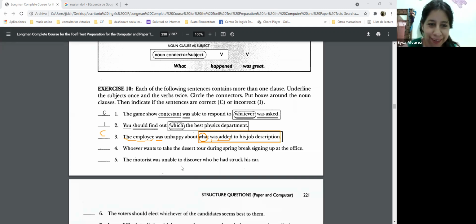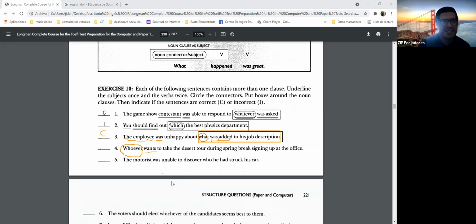Okay, we have whoever. That's the noun clause connector and subject. Wants is the action. Once is just the action. Okay.